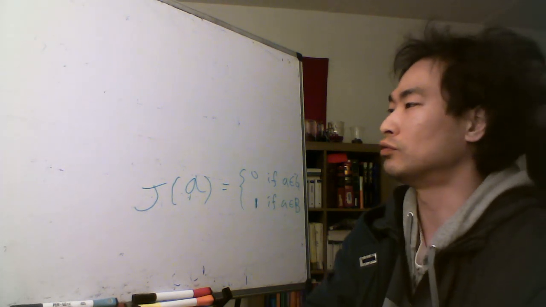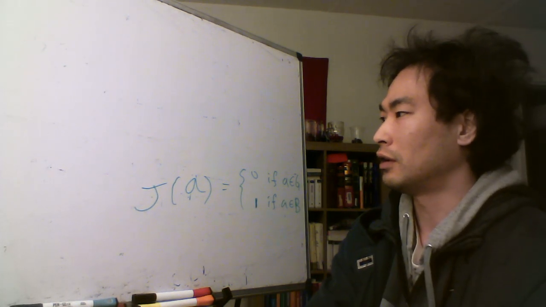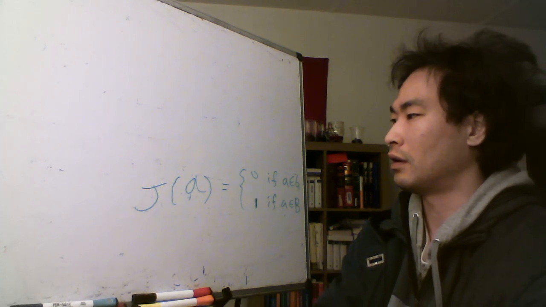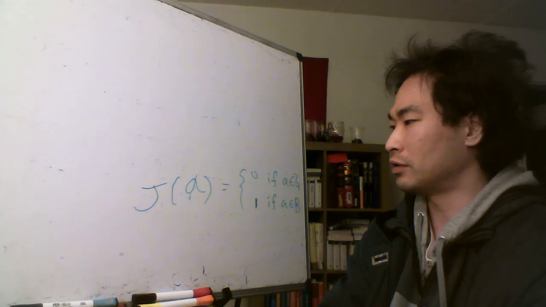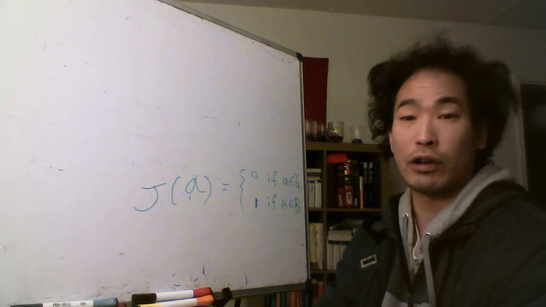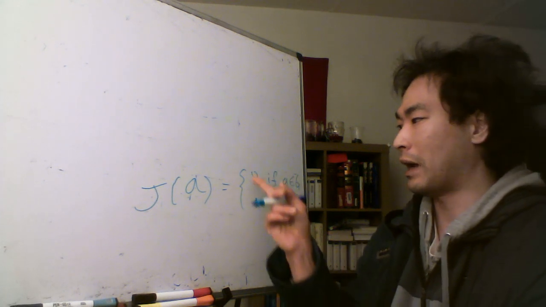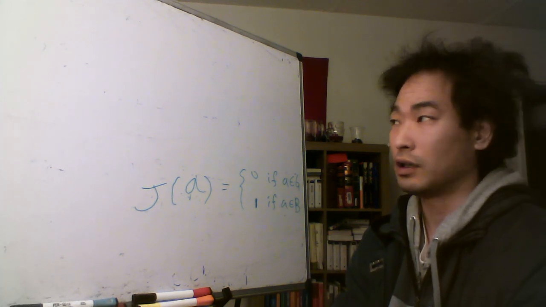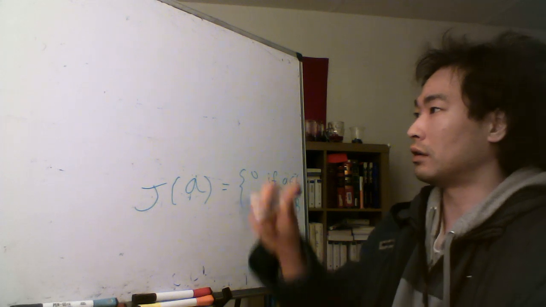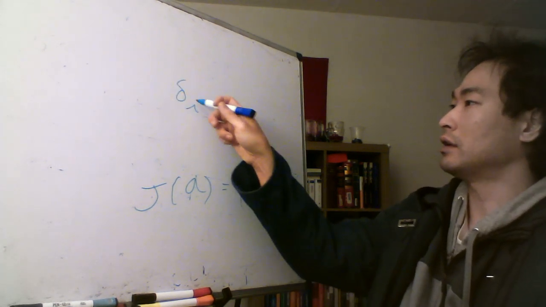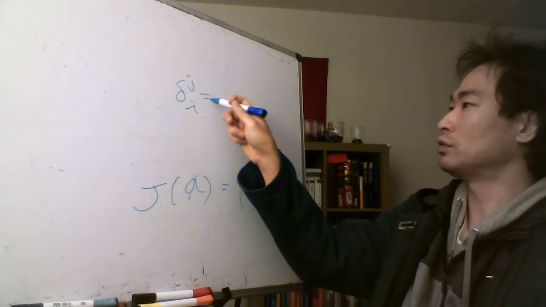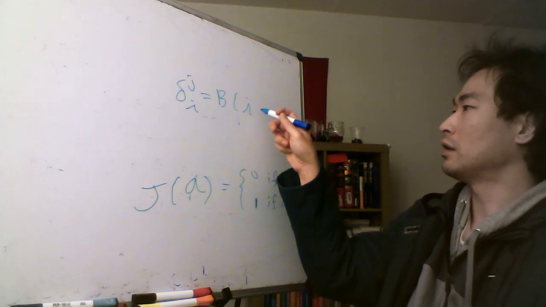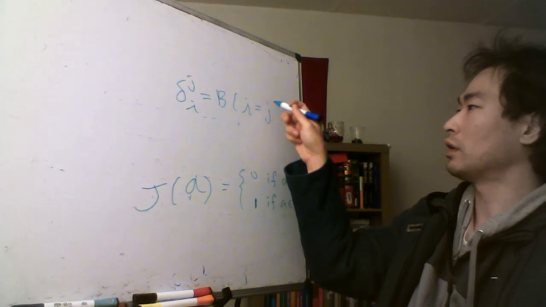So how does this golden rule work? Remember how we write the Kronecker delta, instead of this bifurcation. Kronecker delta ij is equal to the Boolean function of i equal to j.